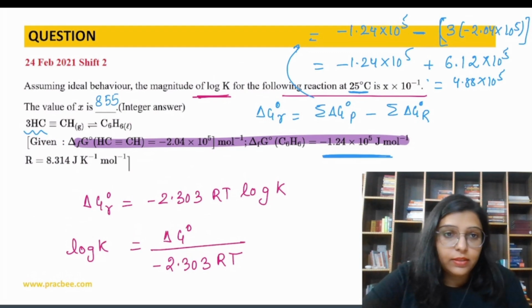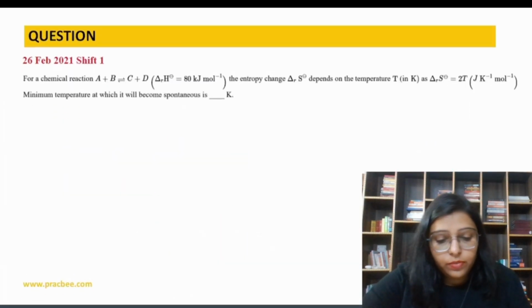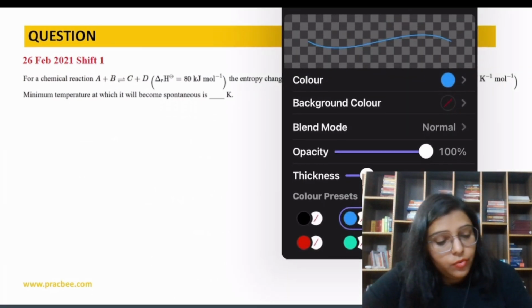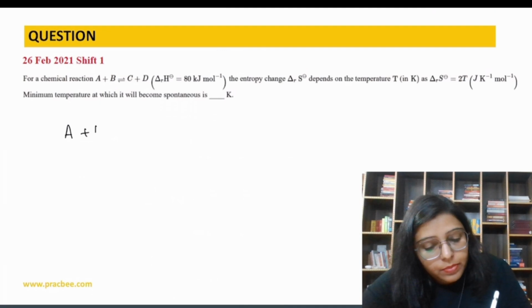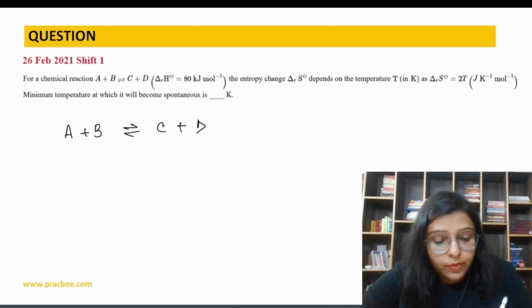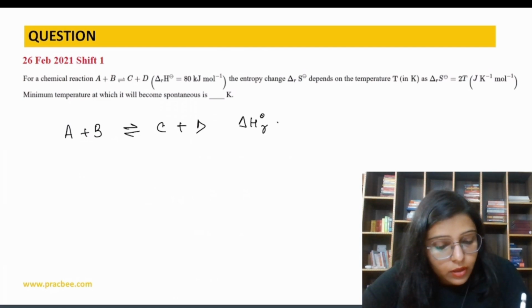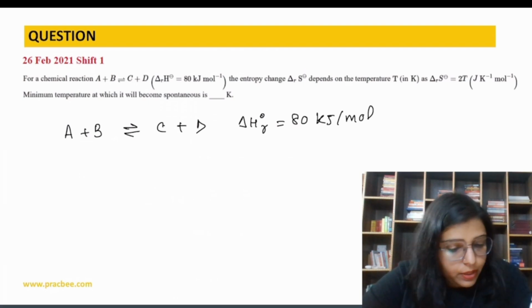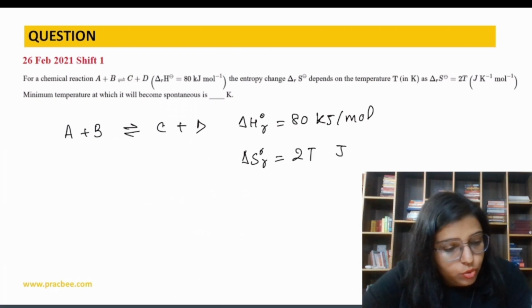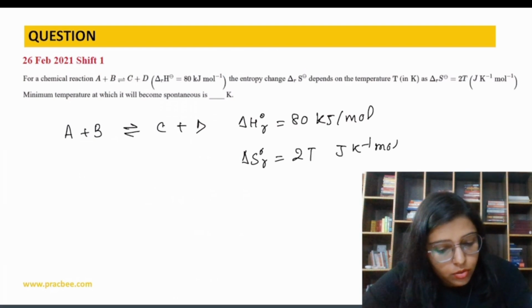Clear? That's it. Now let's do the next question. For a chemical reaction, A plus B is in equilibrium with C plus D. Okay. So delta H naught of reaction is given, that is 80 kilojoule per mole, and delta S naught depends on temperature, and delta S naught of reaction is 2T, which is in joule per Kelvin per mole. Okay.